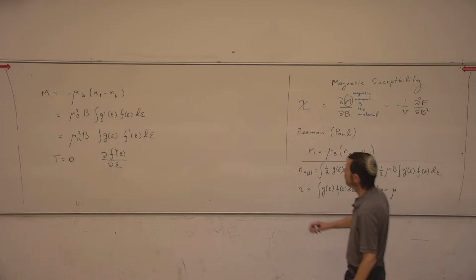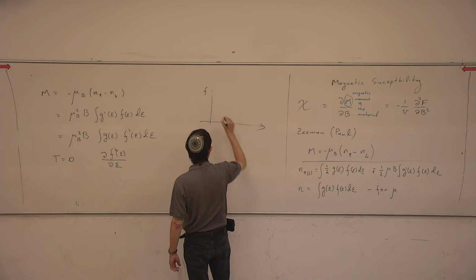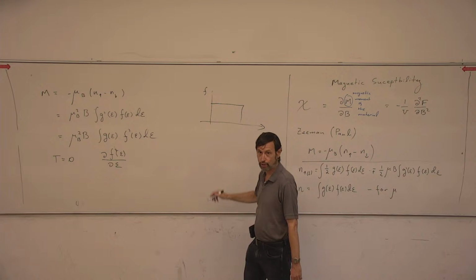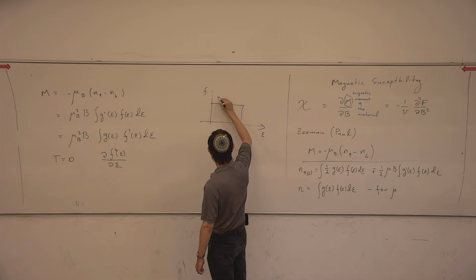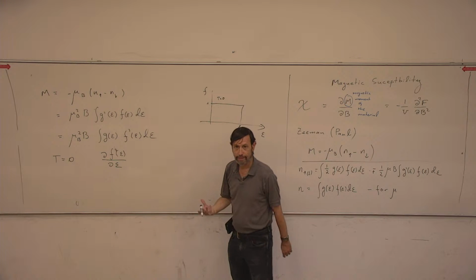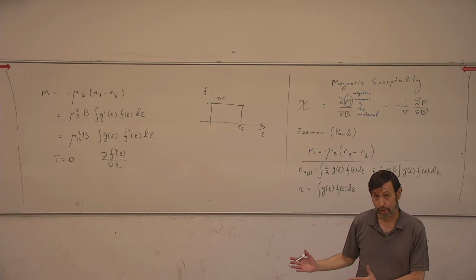To remind you, the Fermi function at 0 temperature is just completely filled up till Fermi energy and 0 beyond it.